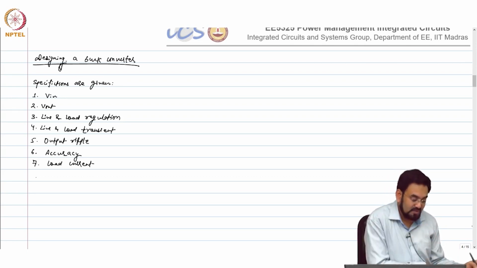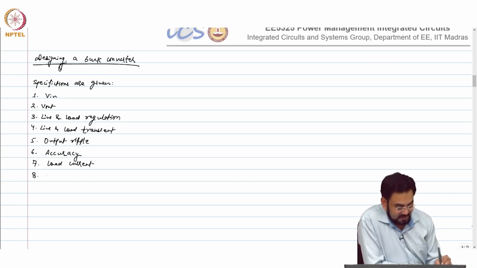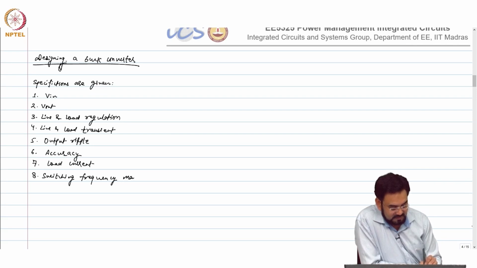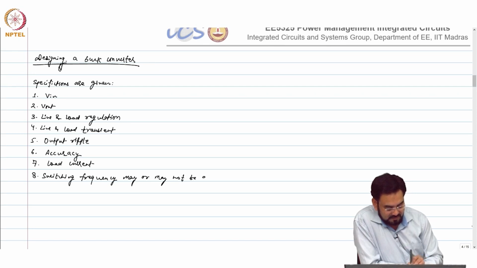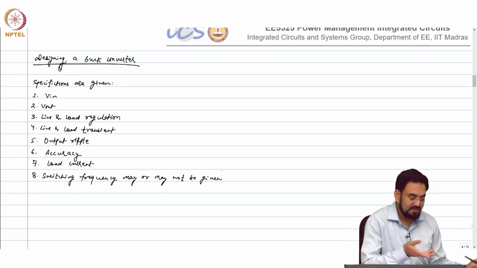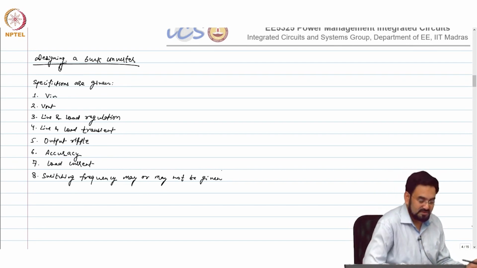You may be given more, like switching frequency, which you may or may not be given. If it's given, then it's pretty straightforward. Based on the ripple voltage, you choose L and C values.